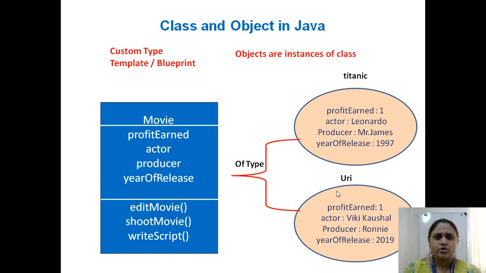Are you clear? So here we are focusing on two things: what is a class and what is an object. I'm just trying to summarize whatever we have discussed till now. A class is one of the custom types that I'm going to create. You can also define your class as a single unit wherein I am wrapping methods or behaviors and the properties together in one unit.